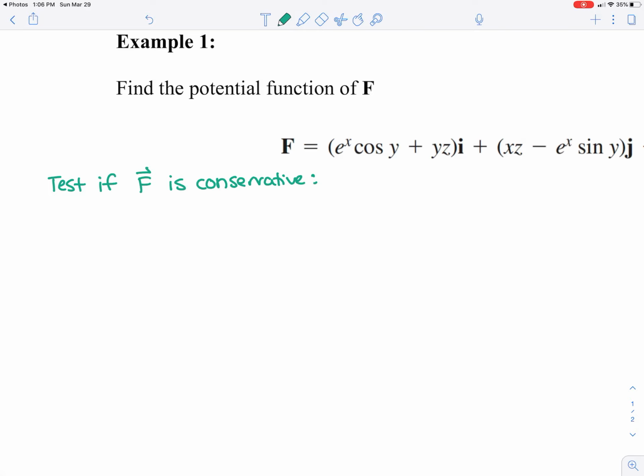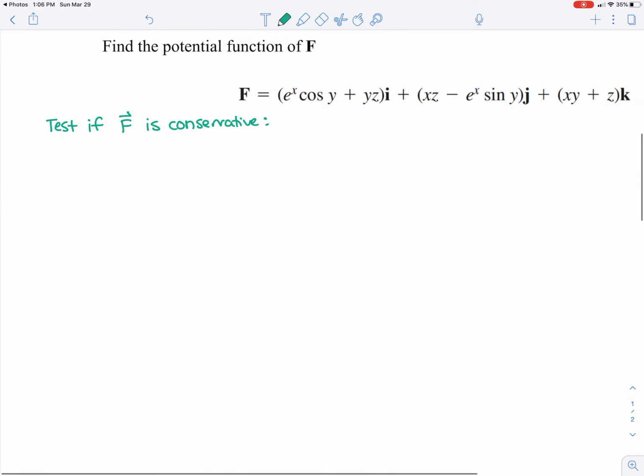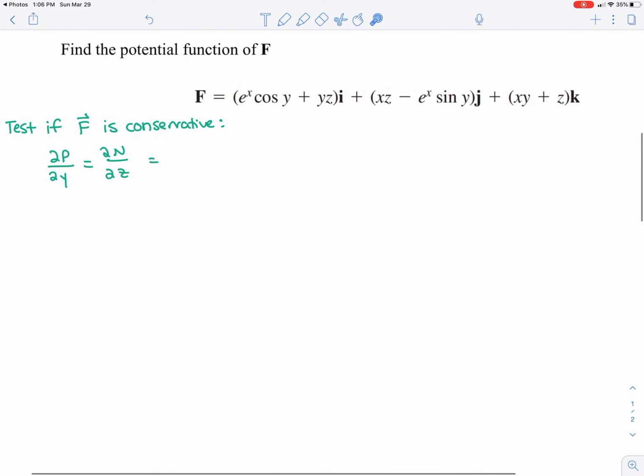And we'll do that using the component test, which was the derivative of p with respect to y must be equal to the derivative of n with respect to z. So that was the first one. And what did that equal? The derivative of the p function, the last one, with respect to y, in this case is just x. And the derivative of n with respect to z is also just x.